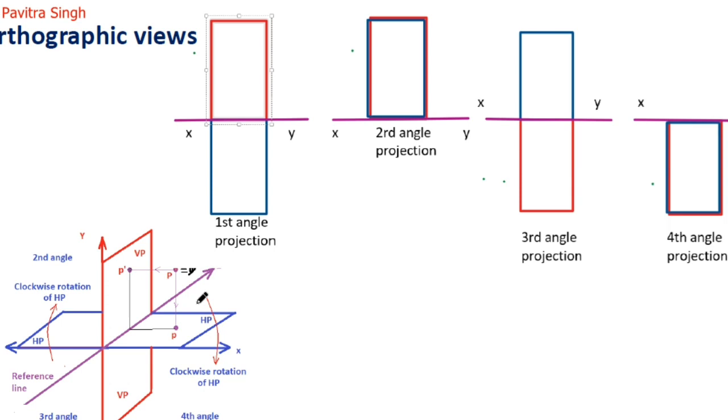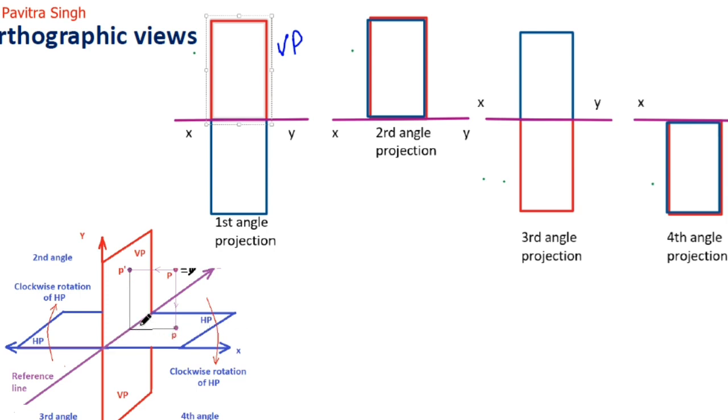This point is the front view, and this other point is the top view. It was actually in the horizontal plane, and it is rotated in the clockwise direction. So the new location of this point will be here. This is the top view, and this top view is below the xy line.